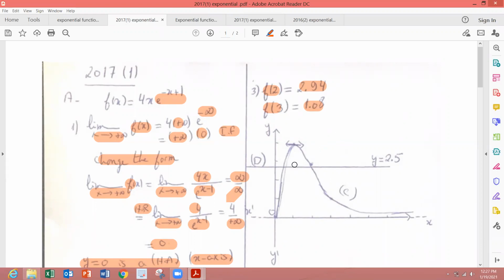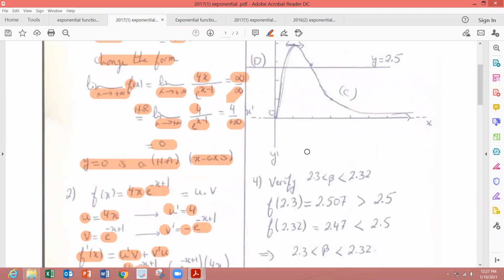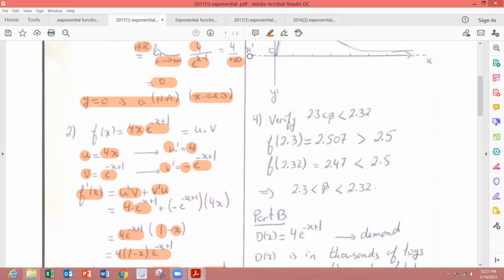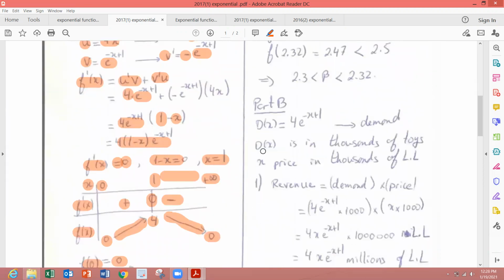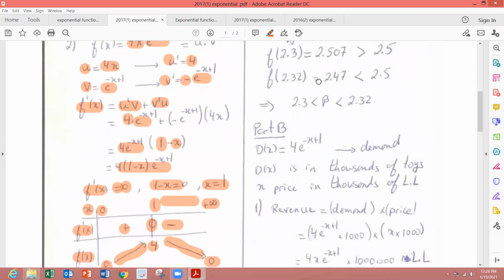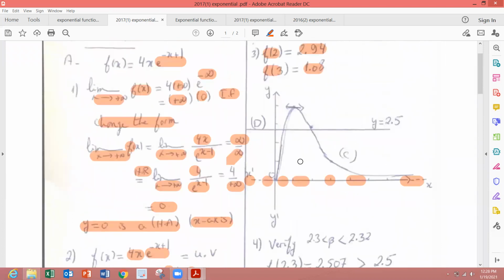Now to draw C, first I draw the asymptote. The horizontal asymptote is y equals 0, the x-axis, and we put it dotted here. The maximum point is (1, 4).